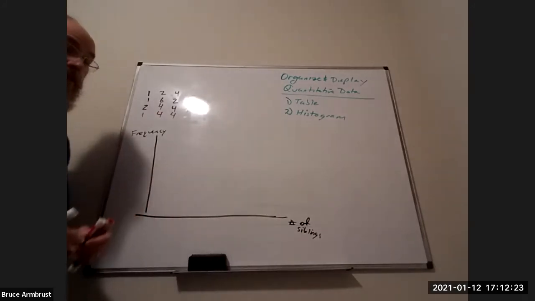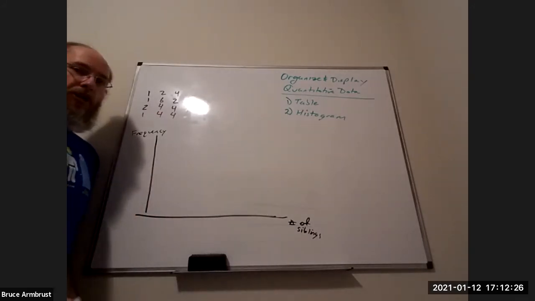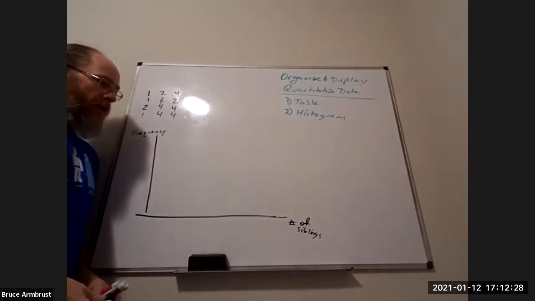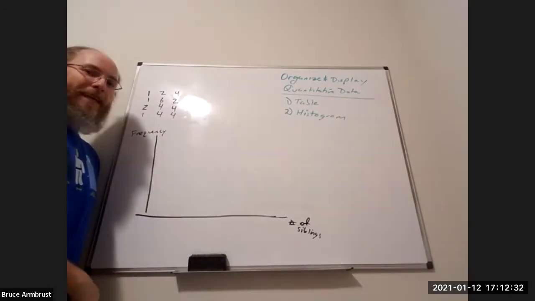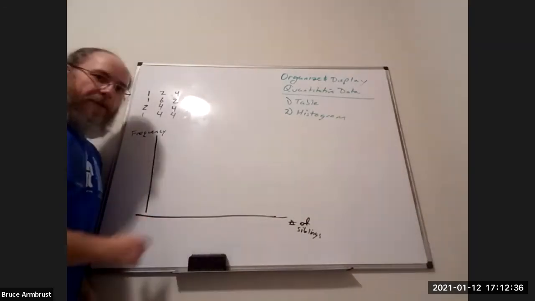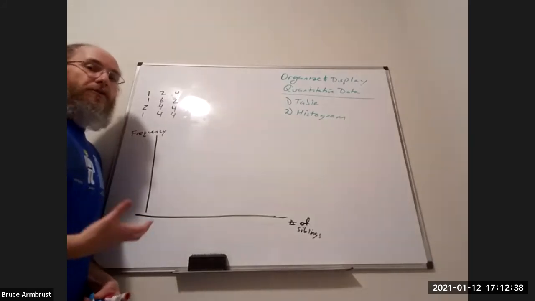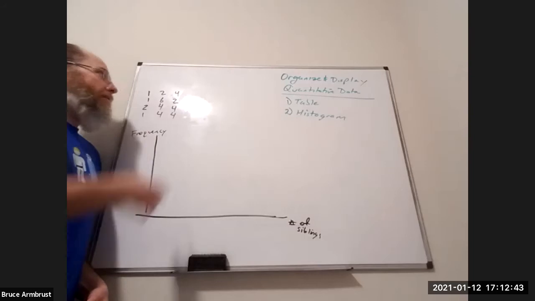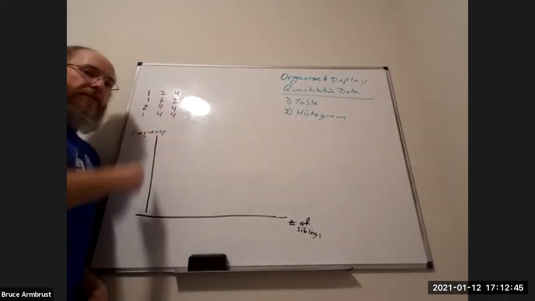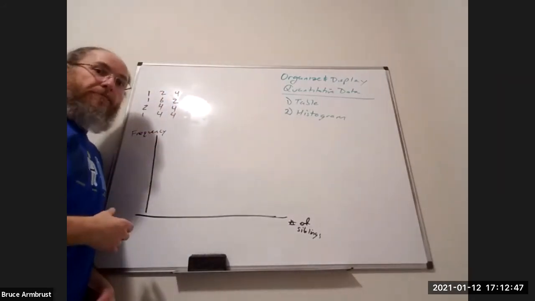So you can see how this is starting to look a lot like the bar chart. But now what we need to do is break this up into intervals, and we want each of those intervals to contain the numbers of siblings.